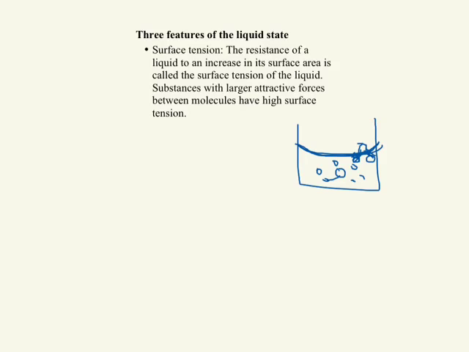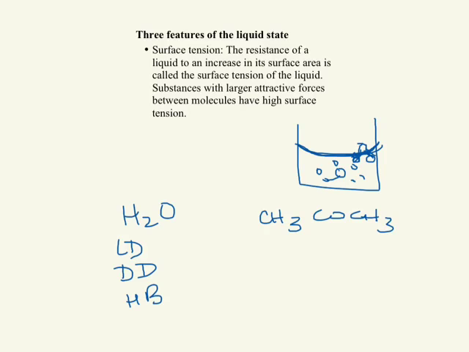So the stronger the intermolecular force, the stronger the surface molecules are pulled down towards the interior of a liquid and the higher the surface tension. So let's take two examples, water and acetone, CH3COCH3. Water has London dispersion, dipole-dipole, and hydrogen bonding, while acetone has London dispersion and dipole-dipole.